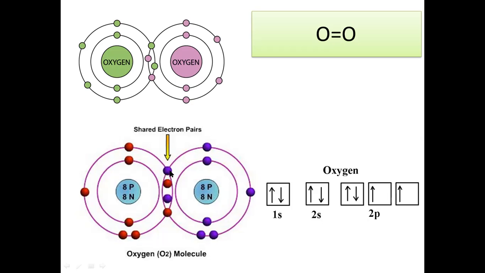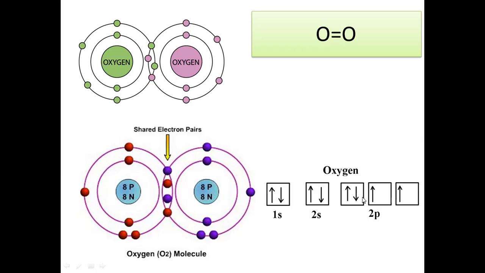So these electrons are going to be shared by each of the oxygen atoms, because there are two unpaired electrons over here, or you may say there is the possibility of each oxygen atom gaining two electrons from the other oxygen atom, so that they complete their octet.